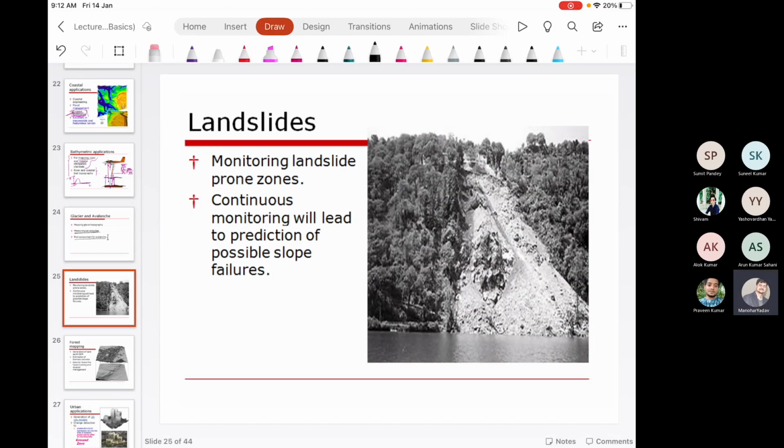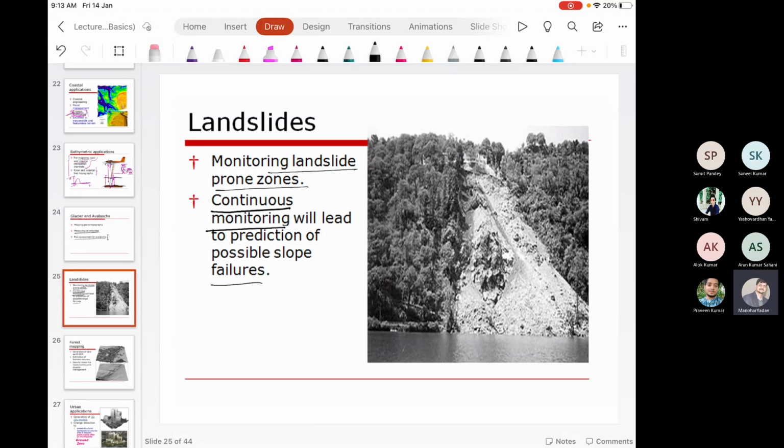Further, we do landslide three-dimensional mapping using laser scanning, and that further assists the monitoring of various landslide-prone zones. We can use LiDAR for continuous monitoring, and it will provide information for prediction of possible slope failure.